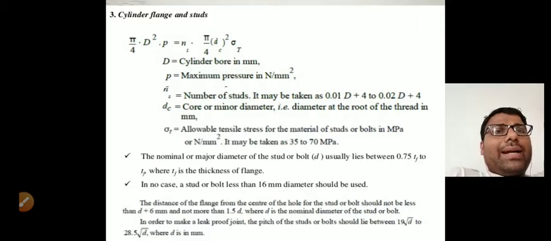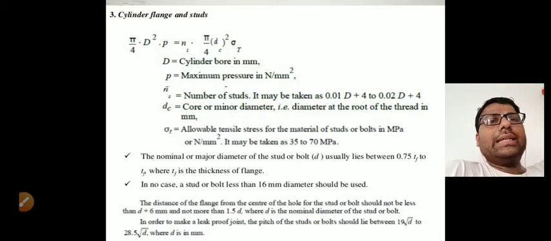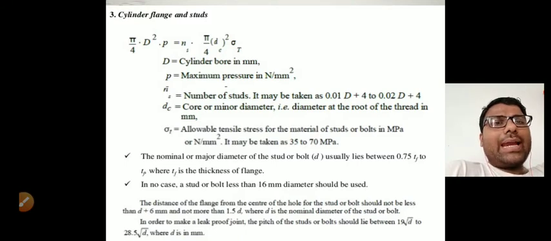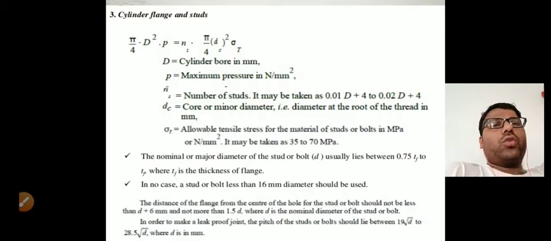Now there are a number of different kinds of studs used, right? It is not necessary that only one stud is used to fix the cylinder head to the cylinder. So ns is the number of studs and it may be taken as 0.01 capital D plus 4 or 0.02 capital D plus 4.